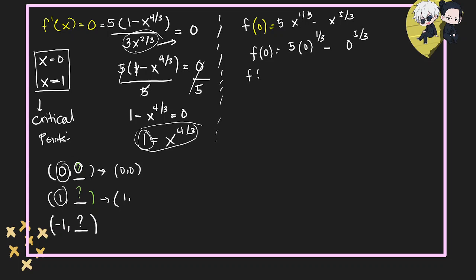So, if we have f of 1 is equal to 5 raised to 1, 1/3 minus 1 raised to 5/3, what's the answer in our calculator? 5 times 1 raised to 1/3 minus 1 raised to 5/3. Anong nakukuha niyong sagot?